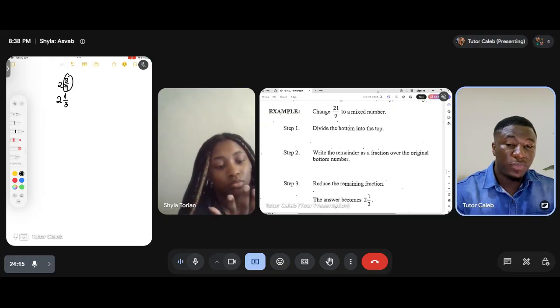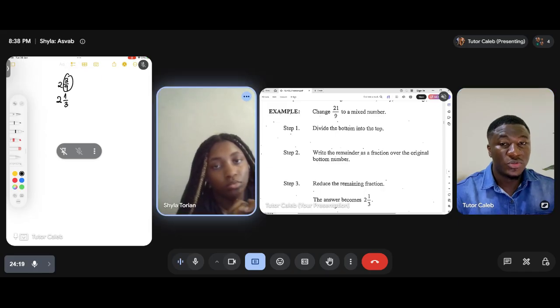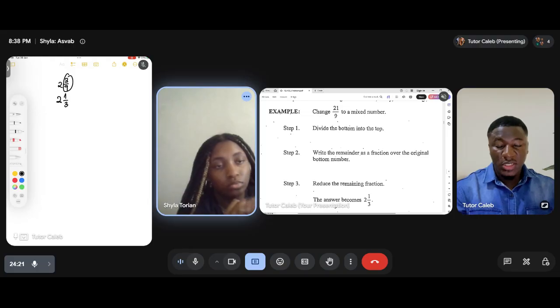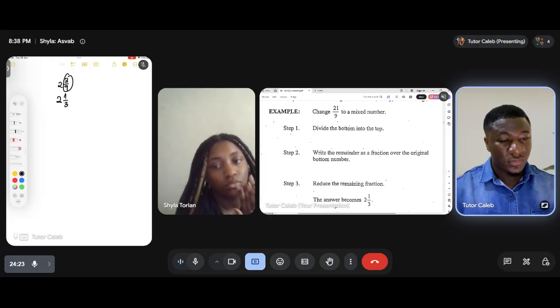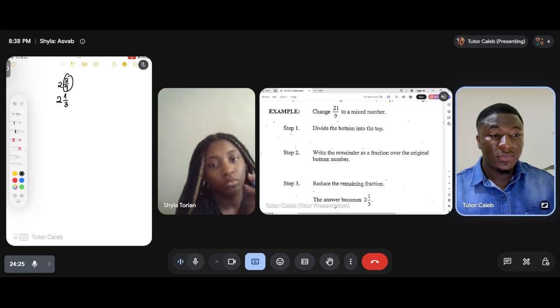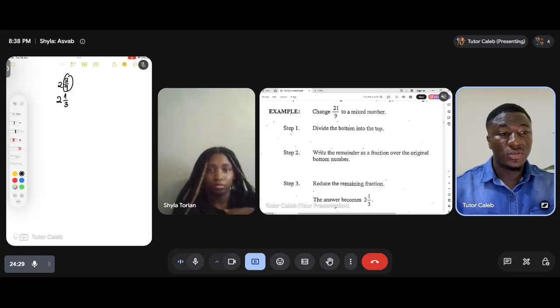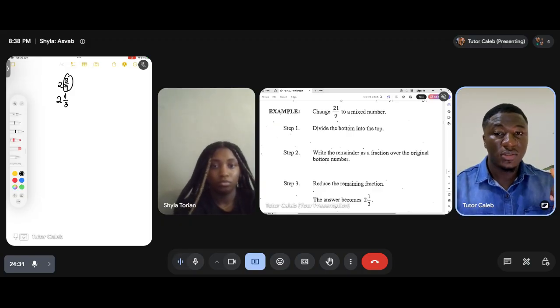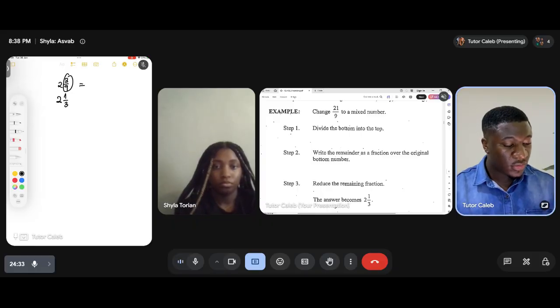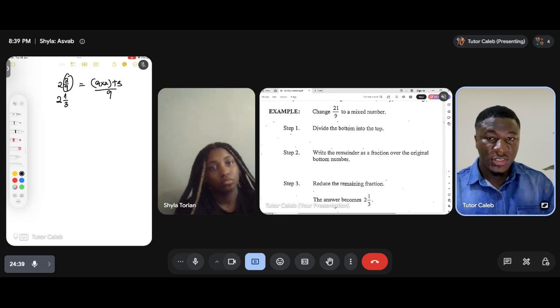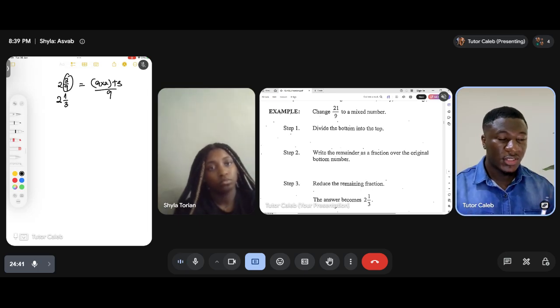Now, to move back from a mixed fraction to an improper fraction, this is what you do. You do denominator times the whole. The answer you get, you add it to the numerator, then divided by the denominator. For example, here you're going to say 9 times 2 plus 3 divided by 9.